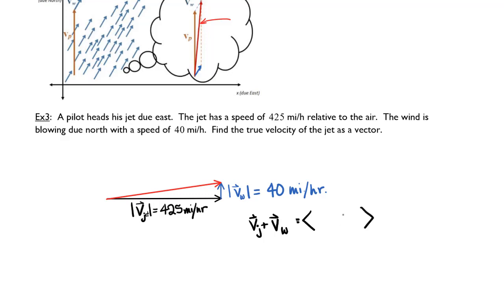In component form, the v sub j vector plus the v sub w vector will simply be 425, 40. And from here, if we want to find the magnitude, we would take the square root of the two values squared.